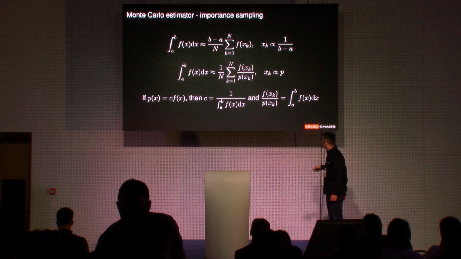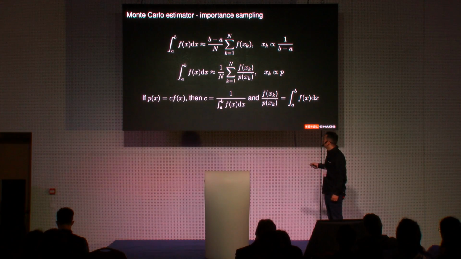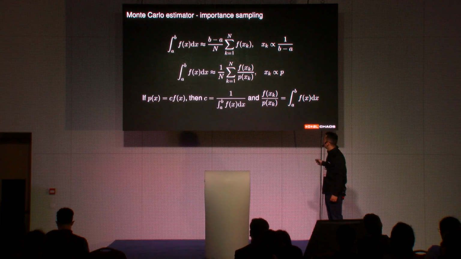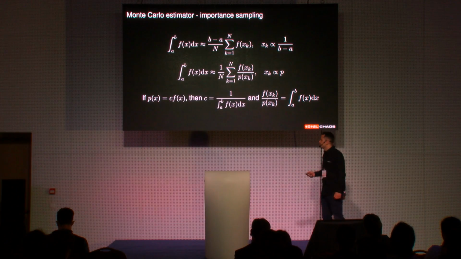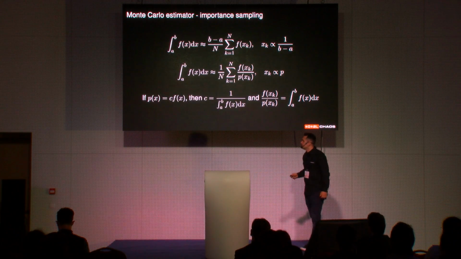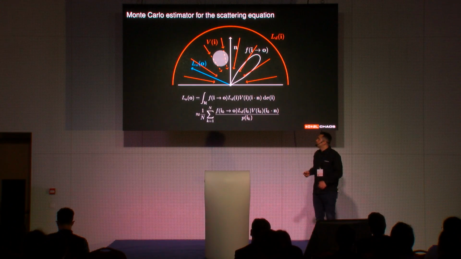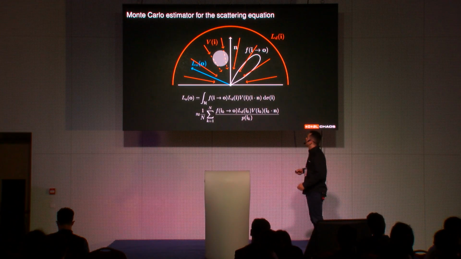So basically, in this case, we need just one sample in order to find the precise value of the integral. Of course, this is not the case most of the time, but this is a very important observation and used widely in computer graphics. So now we'll go into practice.